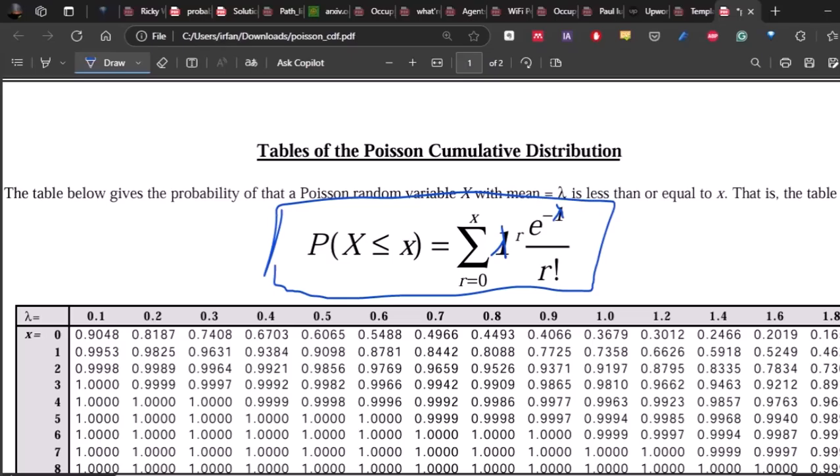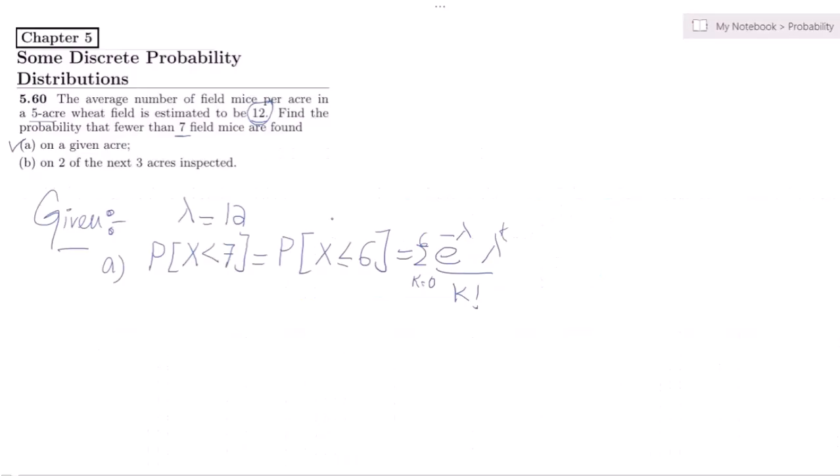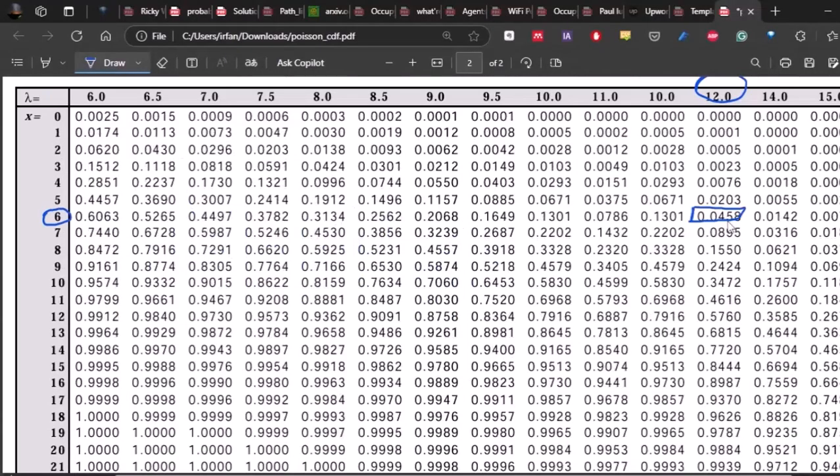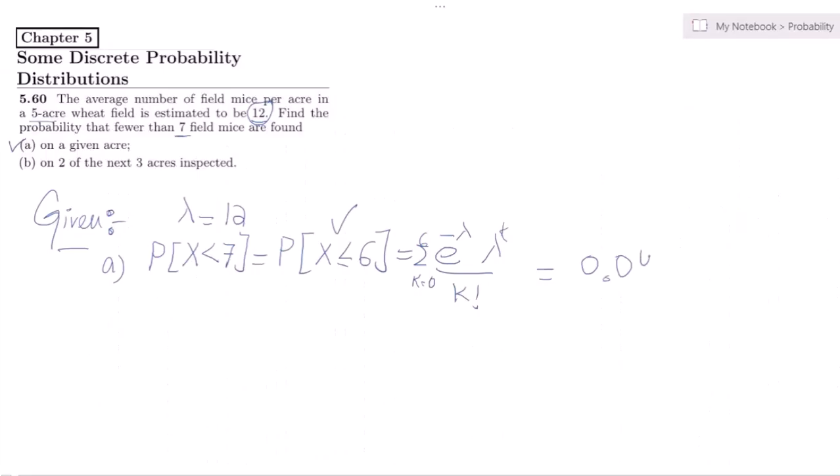Using this and finding the value, we have found that it is 0.0458. Let me write it here, 0.0458, and this is basically the solution of part A of my question.